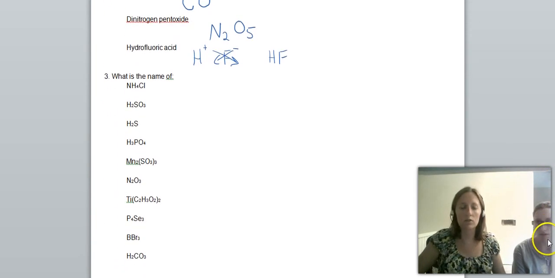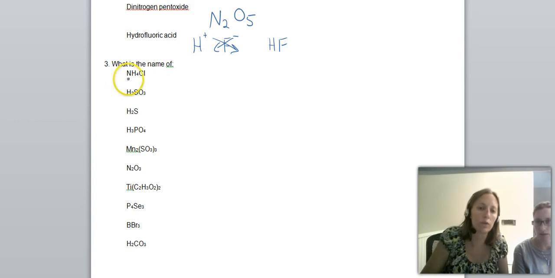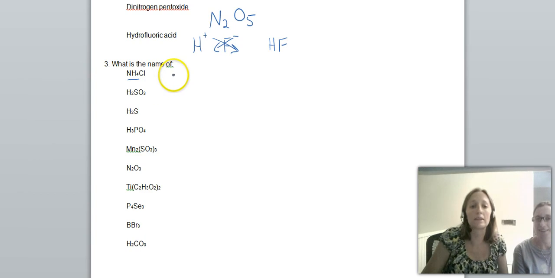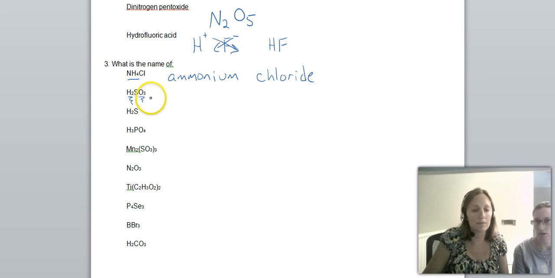And here are some dudes that need names. Here we have NH4, which you should remember the name of is ammonium. Ammonia is NH3. So this is ammonium, and then chloride. Here we have a nice acid, and this is SO3, which you have to have memorized is sulfite.